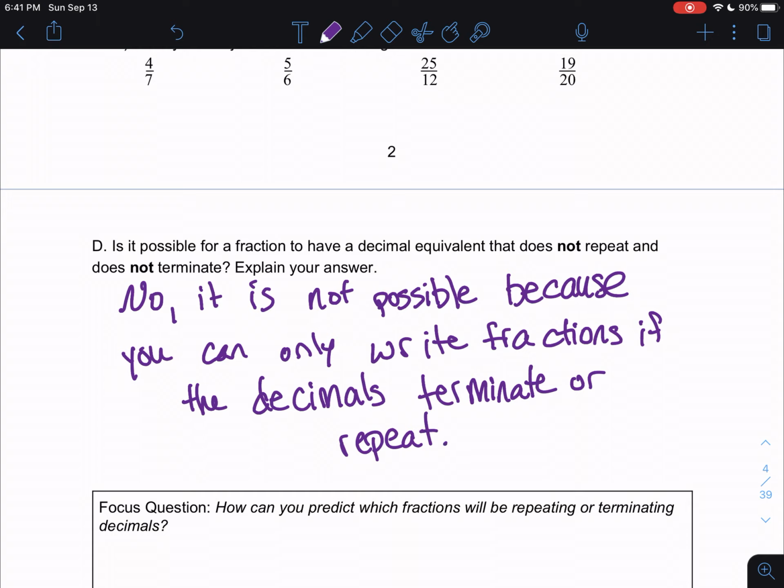Now, honestly, based on this conjecture, hopefully that gives you a reasonable thought. If you really have no idea and you just type it in the calculator and find out, that's fine. It's not a big deal.